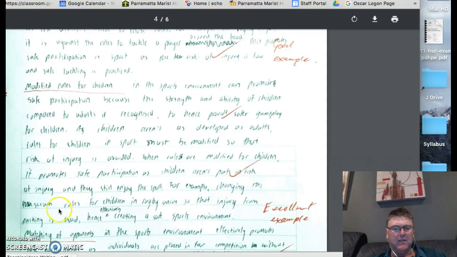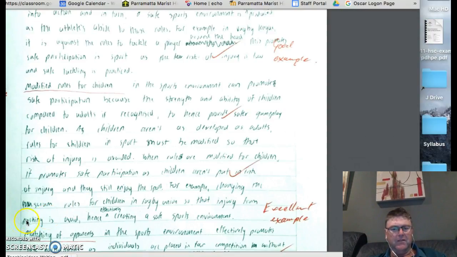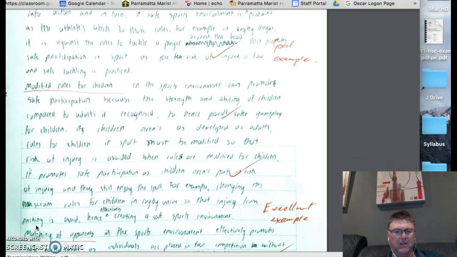So they haven't simply said that you change scrum rules, but this person has been able to talk about the result of that example. Because of the change of scrum rules, pushing has been taken out, which as a result has meant that the sport is safer.